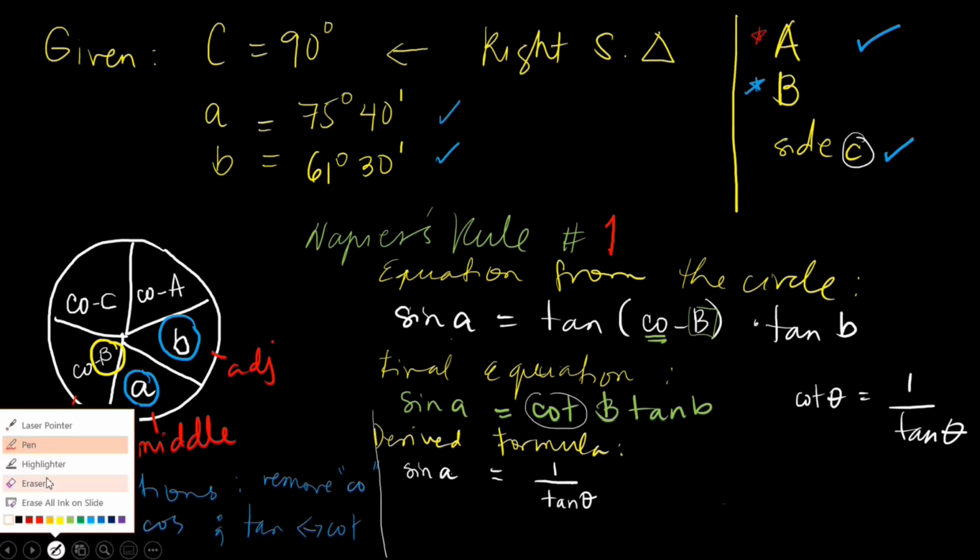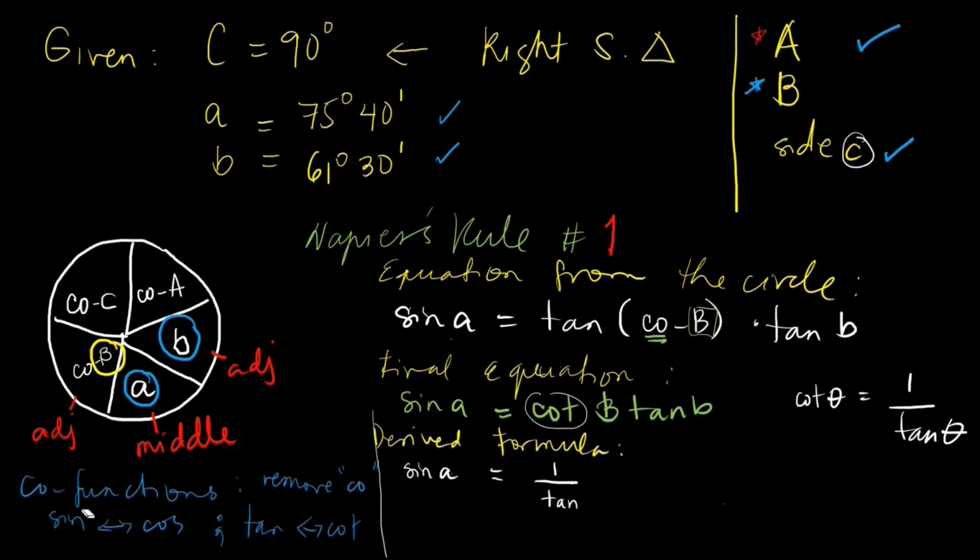By the way, our theta is angle B in the problem. So angle B times tangent of B. As you can notice, this is the same solution as what we did with the previous one. They are somehow alike.